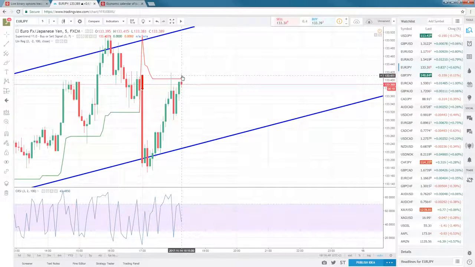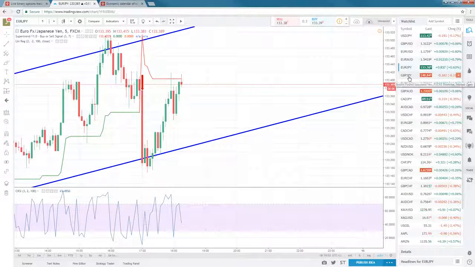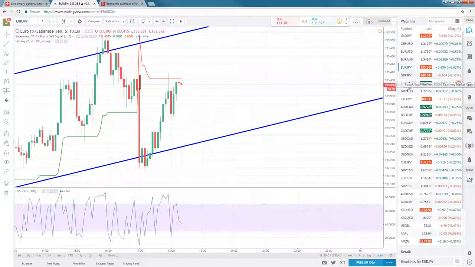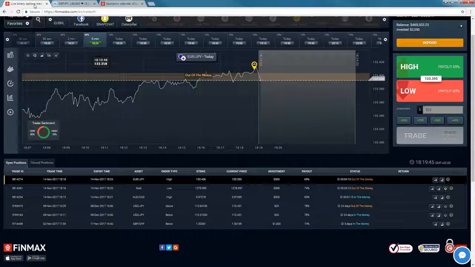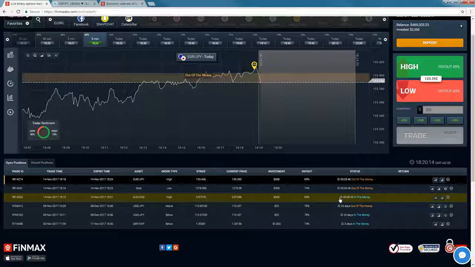Meanwhile, we will check what is happening with Euro JPY a few minutes later, and when we see the situation, whether we are in the money or out of the money, we are going to launch another trade in order to recover and have some profit. Here in 47 seconds, our trade on Australian dollar will finish in the money.